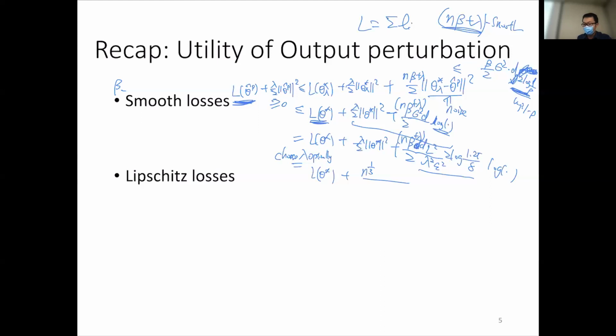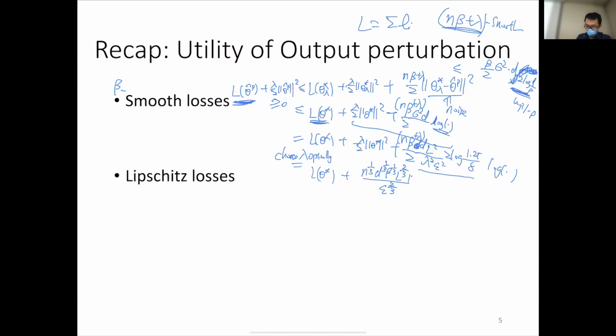Assuming the case when the n beta term is large, we can subsume this lambda inside this n times beta, and then we can balance these two terms and get this n to the power of 1/3, d to the power of 1/3, beta to the power of 1/3, L to the power of 2/3, epsilon to the power of 2/3.